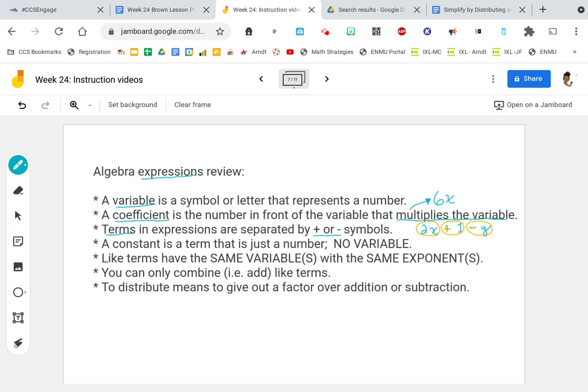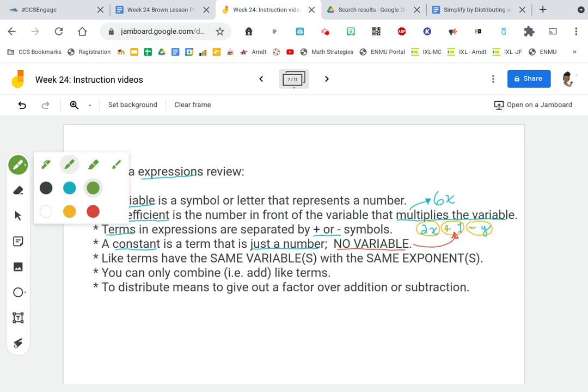Next, a constant is a term that is just a number. In other words, there is no variable. And in this particular example above, that positive 1 contains no variable, and therefore the constant is positive 1.